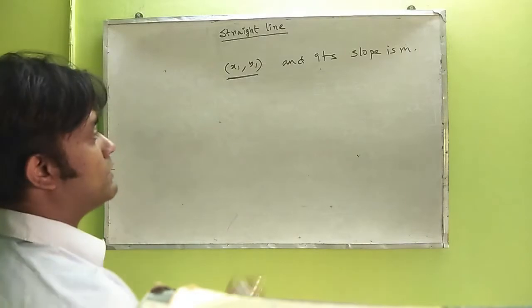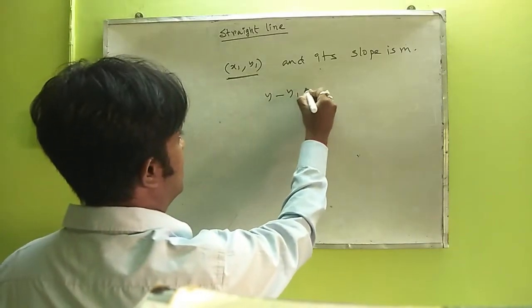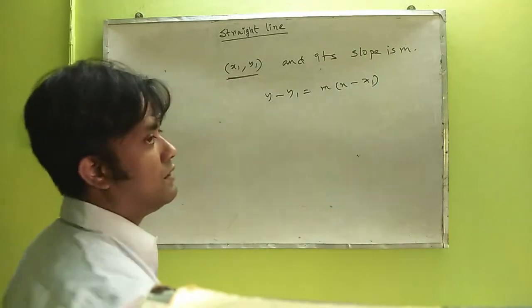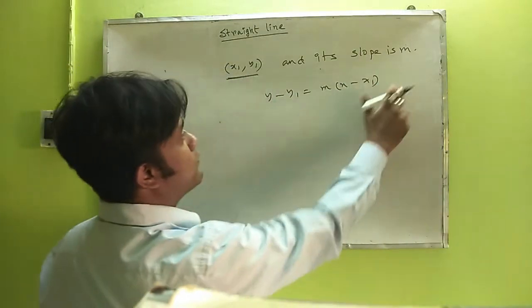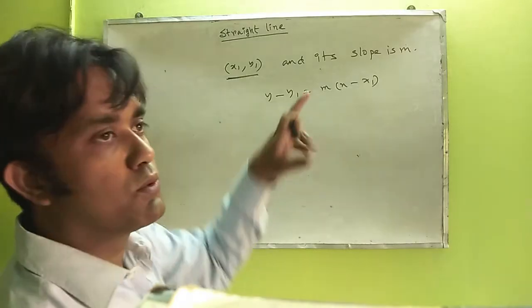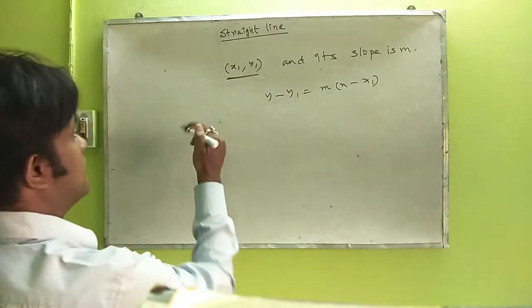Then what will be its equation? We have discussed that y minus y1 is equal to m into x minus x1. In the previous class we have proved this formula. Now we apply this formula to solve the problem.